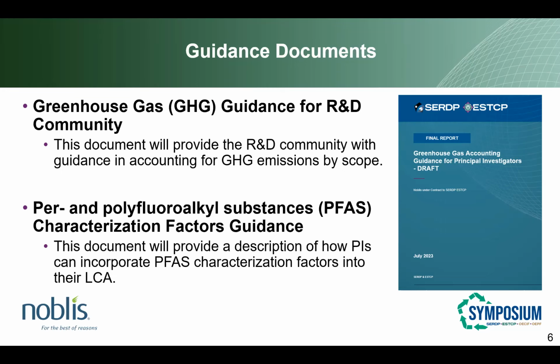In this guidance, we show PIs how they can take these PFAS characterization factors and apply them in their own analyses. Additionally, we describe how you can interpret the results, and we include a notional example that shows how you can go through the steps.